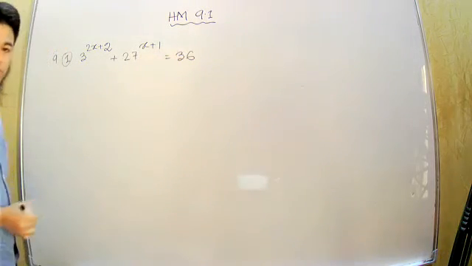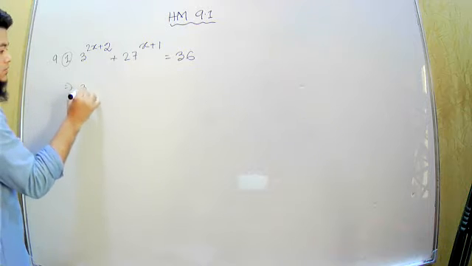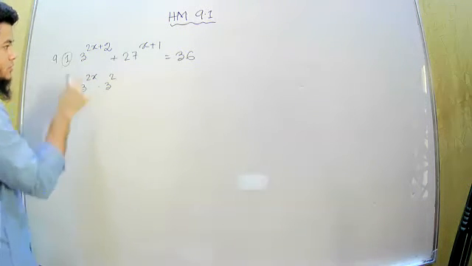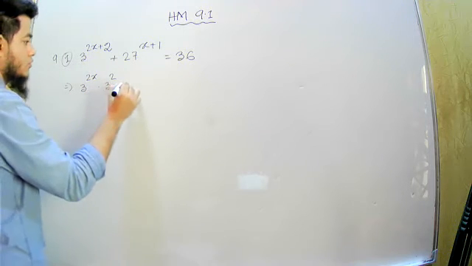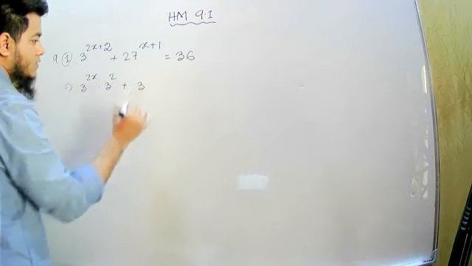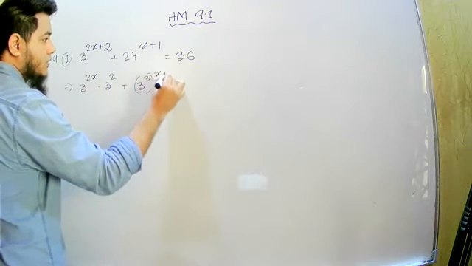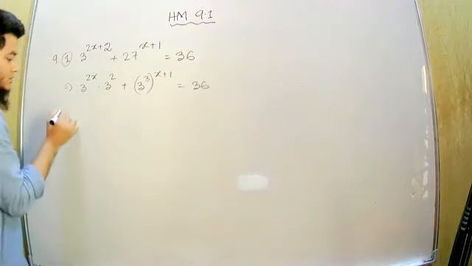Okay. The approach is same for this type of problem. Okay. 3 to the power 2x into 3 to the power 2. See, as there is plus, it can be written in this way with into in between them. And here it will be 3 to the power 3 to the power x plus 1 is equal to 36, let 36 be as it is.